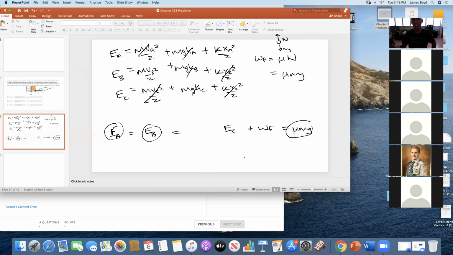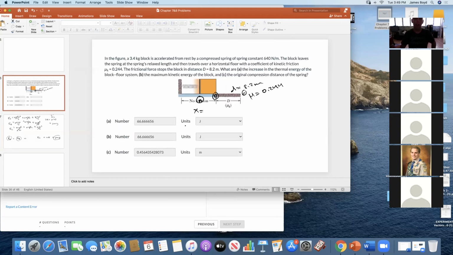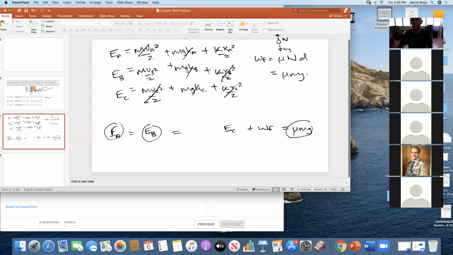Friction becomes heat, okay? So for answer number 1, the increase in thermal energy is equal to the energy of friction. We were given 0.244, we were given 3.4, and we were given, oh shoot, I'm sorry, you guys. I always forget the stupid d. Force times distance is work, F dot d. I always remember the force and forget the distance.